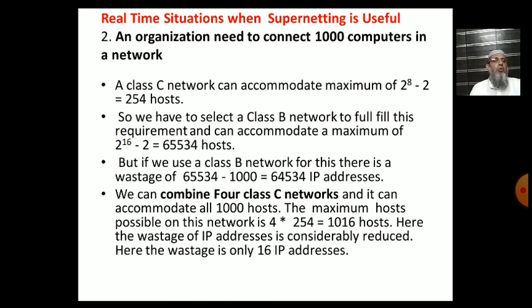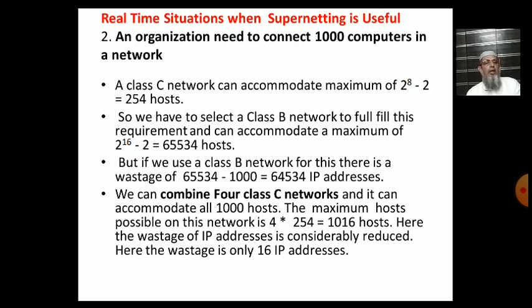Again, here we'll combine 4 networks of Class C. 4 times 254 is 1,016. So how many IP addresses will be wasted? Only 16 IP addresses will be wasted. Then no problem, no issue. For that purpose, we are using the concept of supernetting. We are combining the smaller networks and creating a bigger network as per our need or requirement.